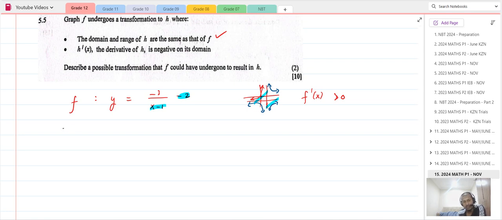Reflection about the line y is equal to x. If you reflect about the line y is equal to x, then we're going to get x is equal to negative 3 over y minus 1, minus 2.